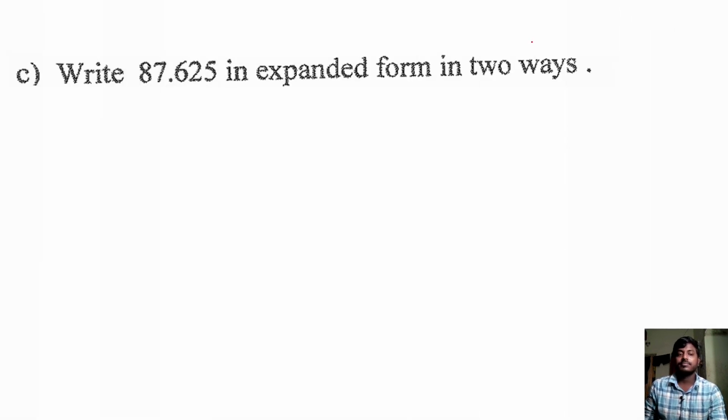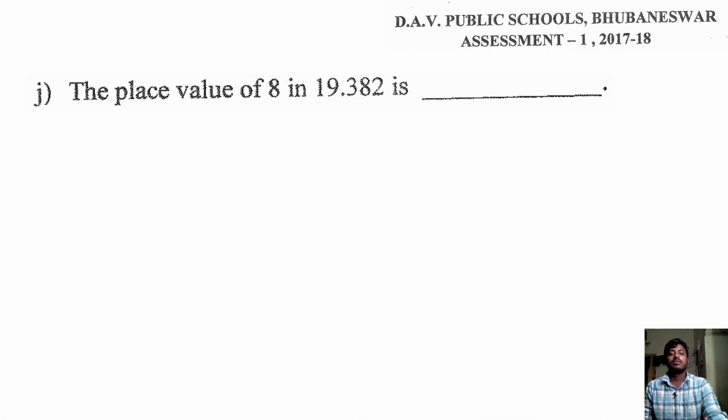Next, write this in expanded form in 2 ways, already completed. This is the homework. I hope all of you have done it. The place value of 8 is hundredths, because after the decimal it is the 'th'. This is tenths, here is also hundredths, then thousandths.